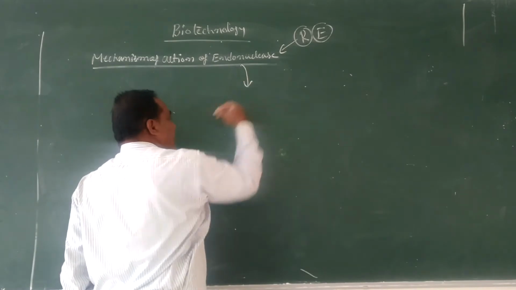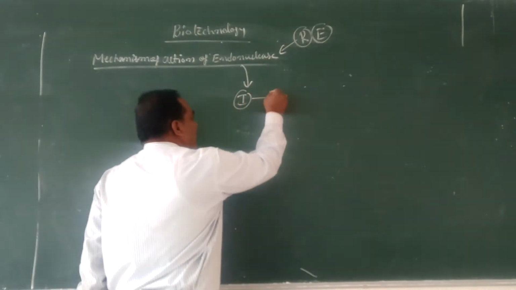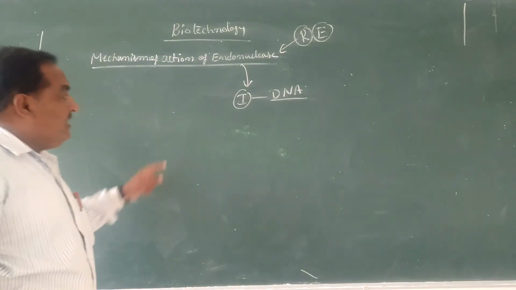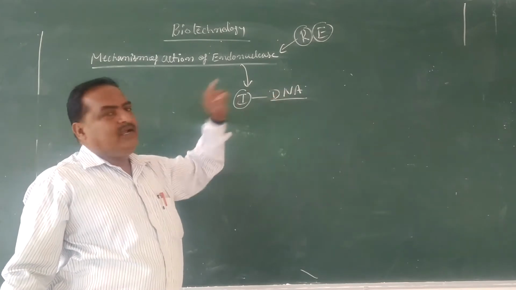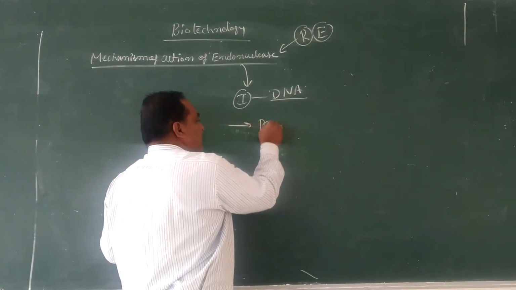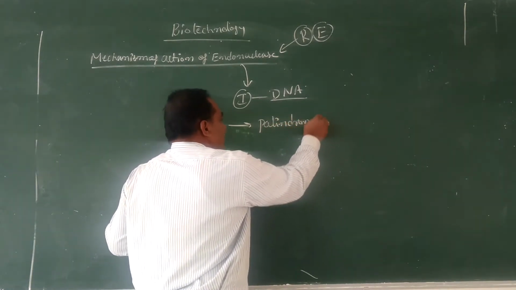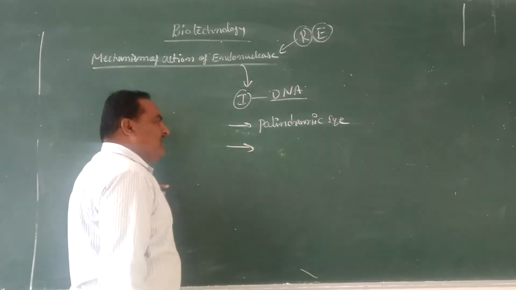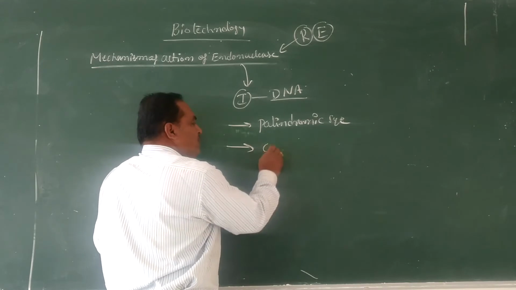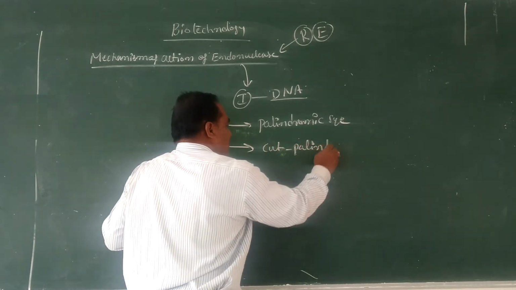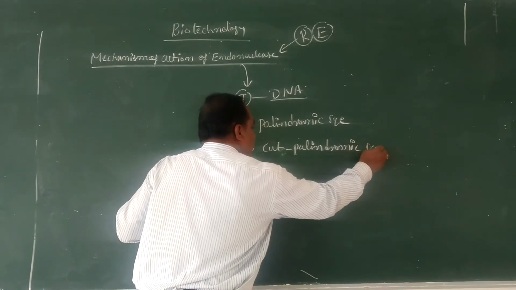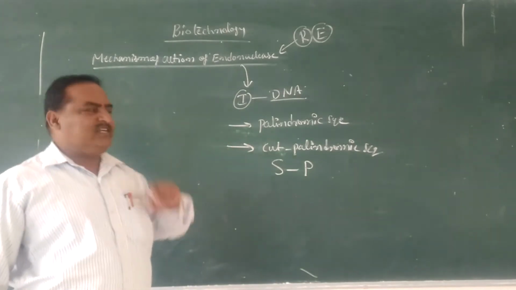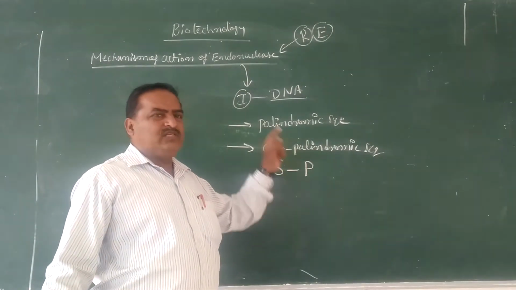Usually, endonuclease inspects the entire DNA, identifies palindromic sequences, and cuts the palindromic sequence at the sugar phosphate backbone of both the strands in the DNA.